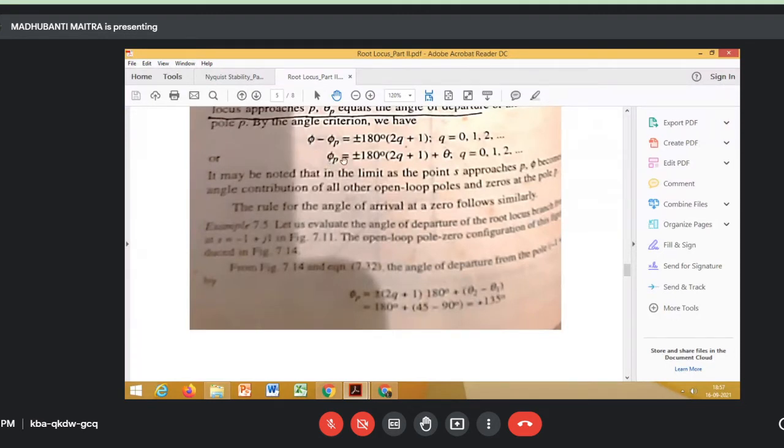So phi p is equal to plus minus 180 degree (2q plus 1) plus phi, where phi is the net angle contribution at that point by all other open loop poles and zeros, excluding the complex pole for which we are calculating the angle of departure.